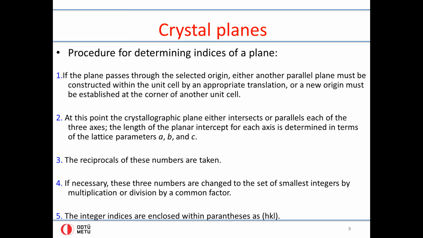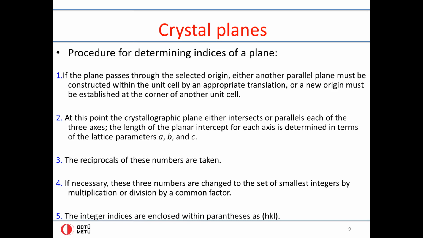So the rules, why do we follow these man-made rules? Because this is a method and it works, and it is a simple method that is robust and that it does not fail when you choose a new crystal and a different crystal. It always works. So you look at the plane of interest that is being asked, that you want to know the indices of, the name of, and you look whether this plane passes through the selected origin.